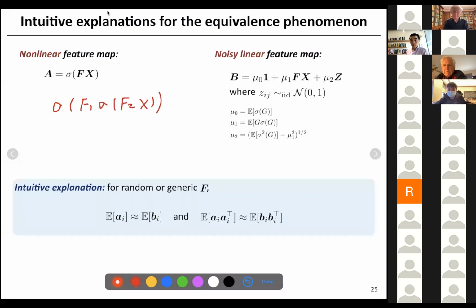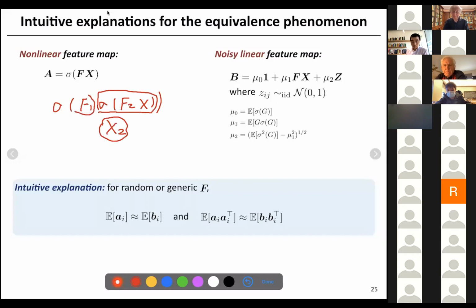Now, one way to potentially handle this type of problem is to first study this matrix, and then once you have studied that, you treat this matrix as, let's say, x2. And then in this case, you condition on x2. Then you just use the fact that different rows of f are independent. Then you are getting back to a very similar situation.